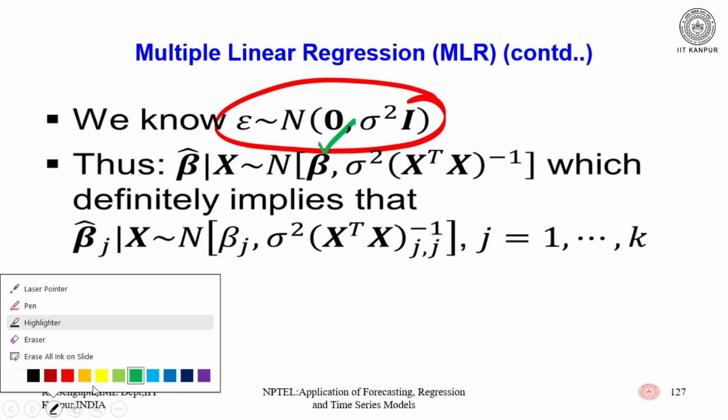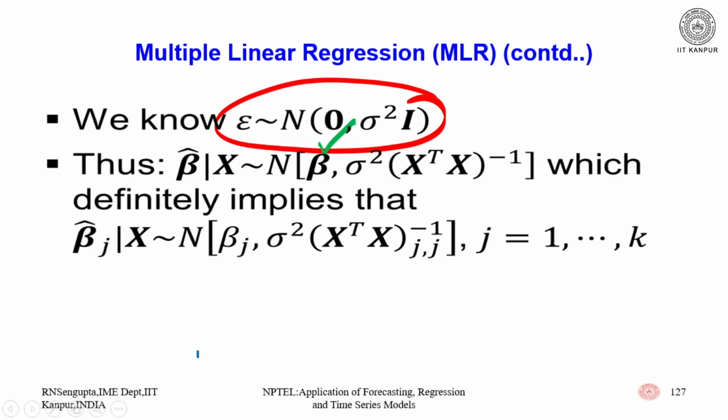The corresponding covariance structure, where I am putting a blue tick mark, is given by this, again discussed. This implies that each element of beta hat has its corresponding estimate of the population parameter from the sample, and the variance is given by the principal diagonal, because it is given as j comma j, that means 1 comma 1, 2 comma 2, till k comma k.